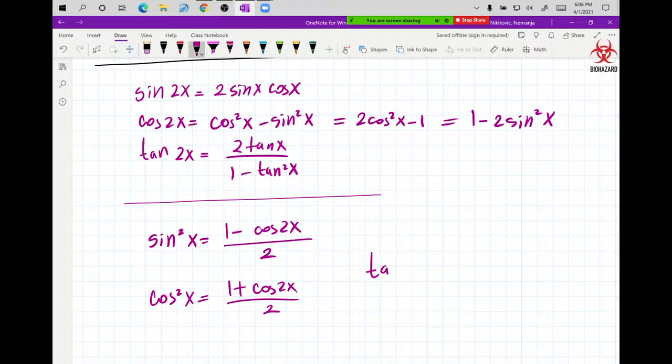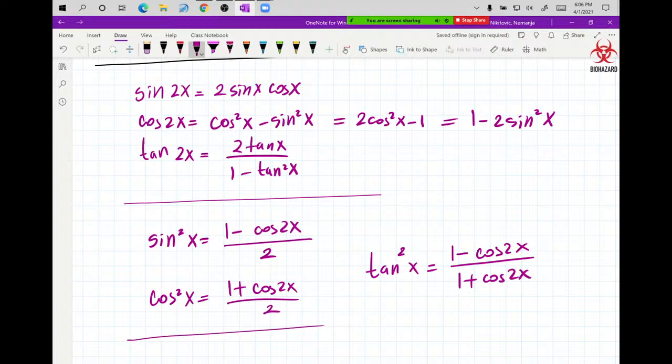And finally, tangent squared x is equal to sine over cosine, so 1 minus cosine 2x over 1 plus cosine 2x. And those would be, as you can see, power reducing, because on the left you have a square, on the right you have no exponents.